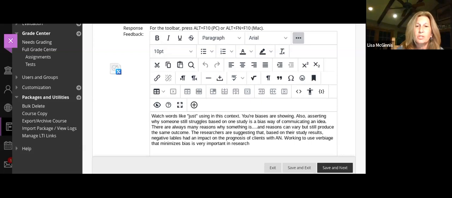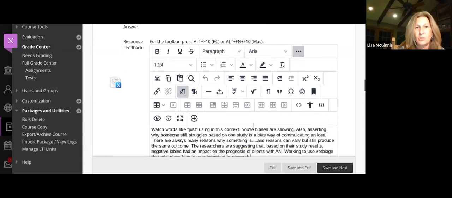The researchers are suggesting that based on their study results, negative labels had an impact on the prognosis of clients with anorexia nervosa. So this sentence here would be more appropriate to what is the area of interest.